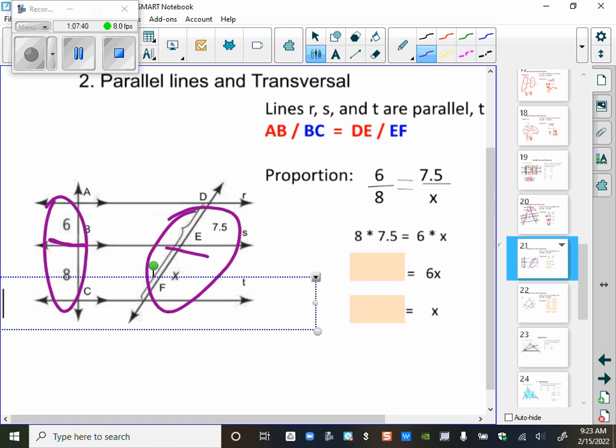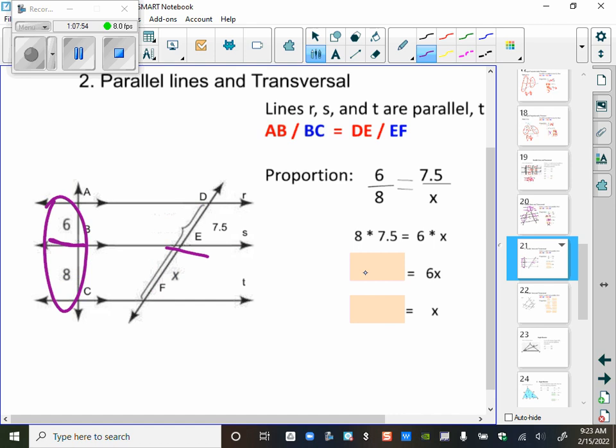All right, anybody get a value of X? Sounds good to me. Yep, it's all right. 7.5 over 10. 8 times 7.5. 60 equals 6x.